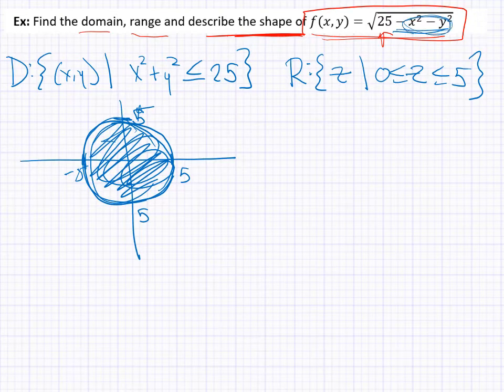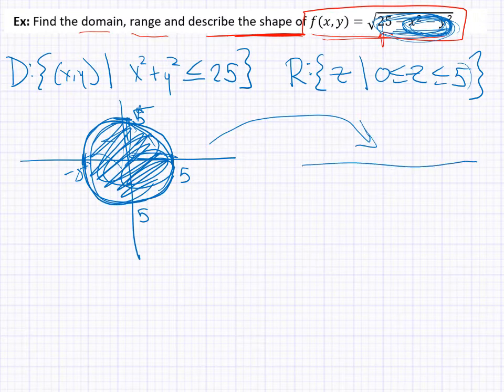As x and y go from 0 all the way out to 5 in any direction, this is going to max out at the square root of 25, which will be 5. But then as x and y start getting bigger, this is going to start to shrink down to 0. And so those are our z's. So this is going to be mapped onto the real number line, but only between 0 and 5. So this is essentially the mapping we're dealing with here.